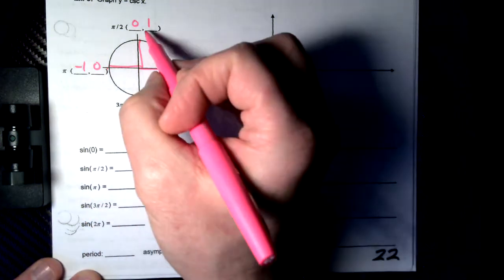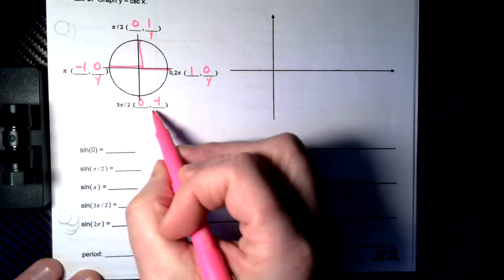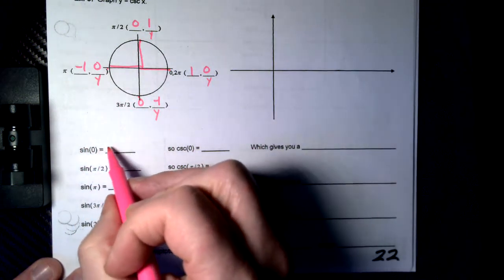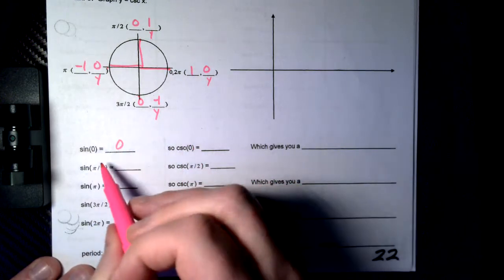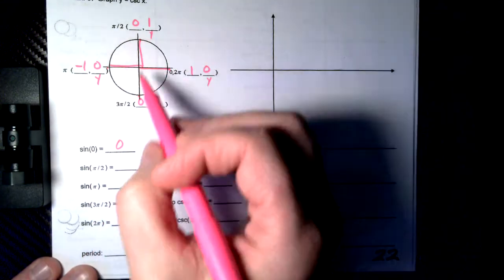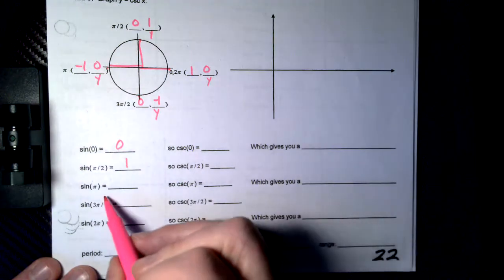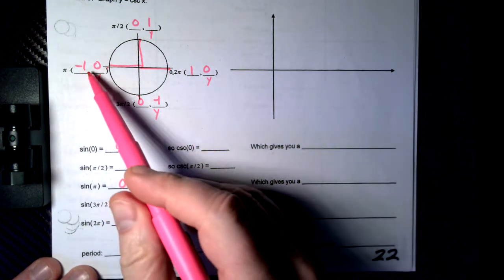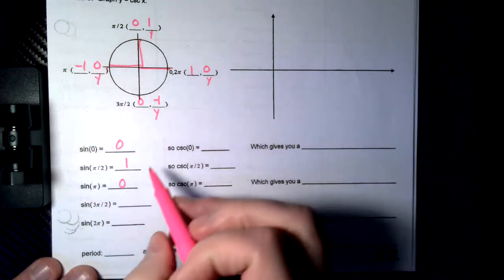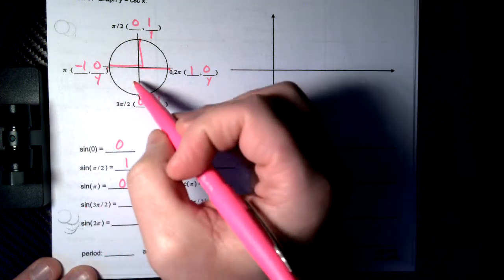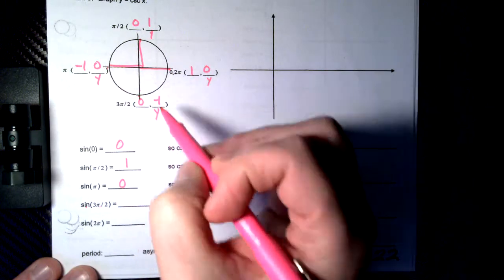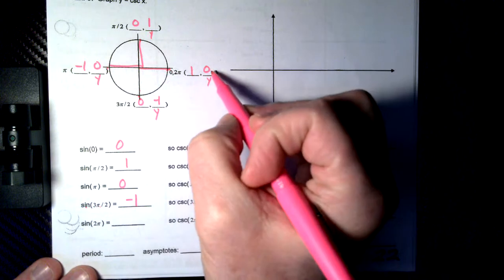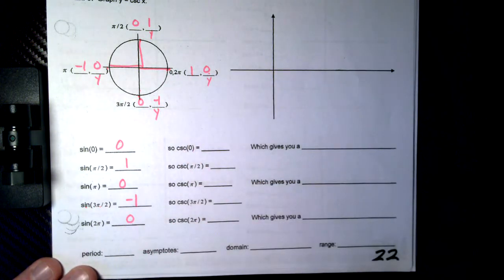Now, all you're interested in to answer what the sine is is the y value. So the sine of 0 is 0. The sine of pi over 2 is 1. The sine of pi is 0 again. Sine of 3 pi over 2 is -1. And the sine of 2 pi, if you went full circle, is 0.